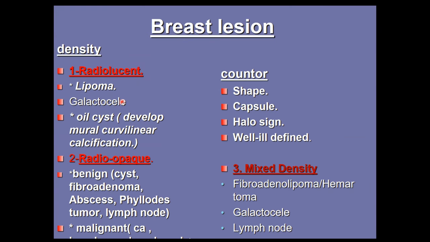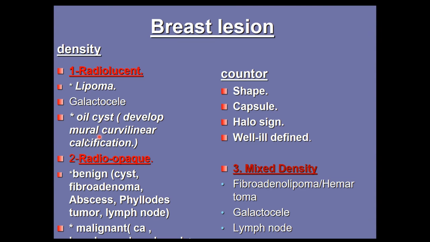So fat-containing tumors or masses will appear radiolucent, like a lipoma. A lipoma is a soft tissue mass, and if it is present in the breast, it will appear radiolucent. Galactoceles and oil cysts will also appear radiolucent.